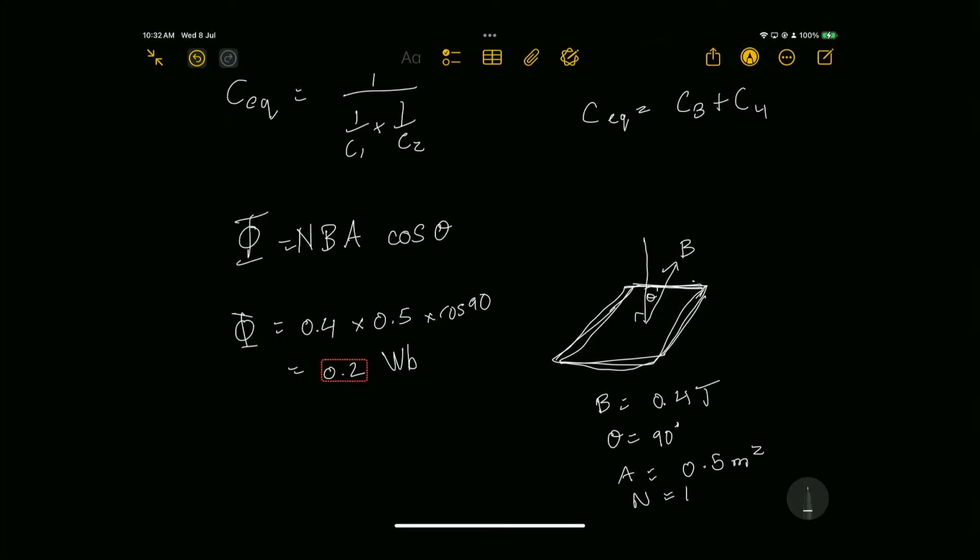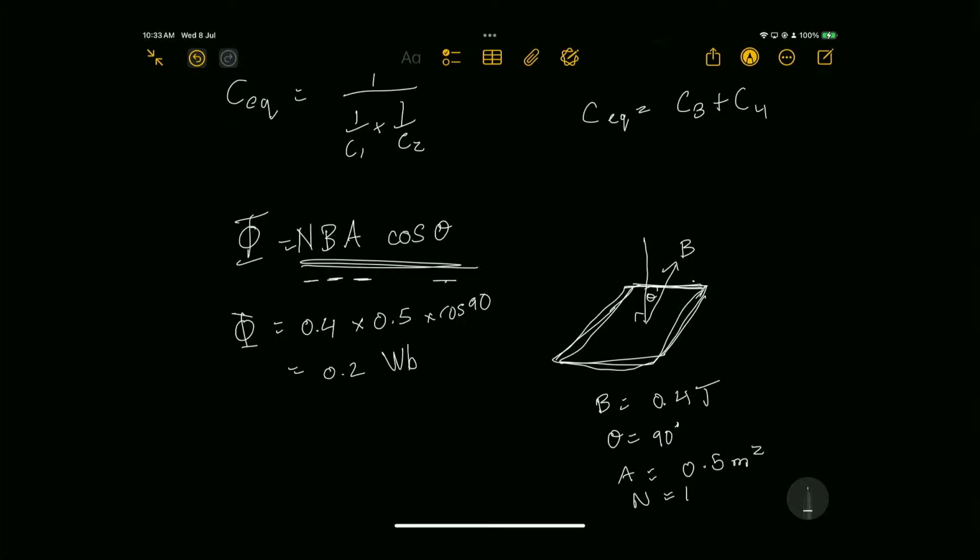So some ways we could change the magnetic flux is by changing the magnitude of the magnetic field, changing the area of the wire, or changing the angle between the magnetic field and the wire, right? So just by looking at this equation here, we could see that we could change B, we could change A, we could change N, and we could change the angle, right?